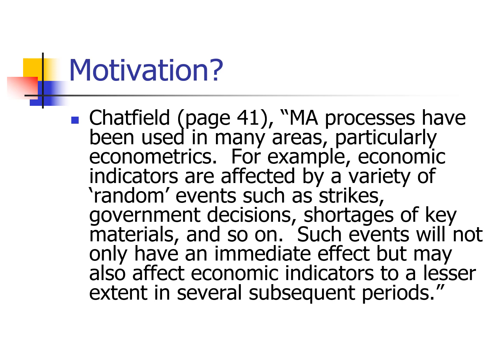So here we're looking at not as a function of previous indicators, but as a function of previous random events, these A's, not the Y's, such as strikes, government decisions, shortages of key materials, and so on. Such events will not only have an immediate effect, but may also affect economic indicators to a lesser extent in potentially several subsequent periods. So up to, I didn't emphasize this, but we use Q as the order of a moving average model, MA(Q), so Q subsequent periods.